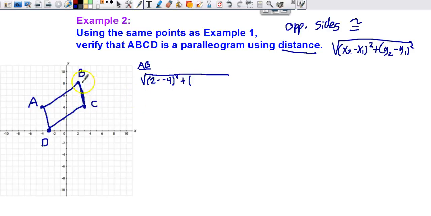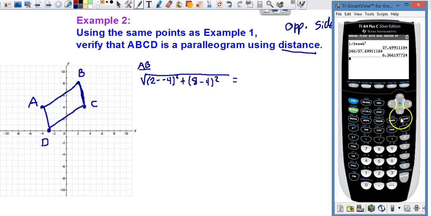My y's are 8 and 4, squared. You can type this all in your calculator at once if you want. I don't necessarily recommend doing that because it doesn't really get you to understand what the numbers are coming from. But if you want a quick answer, here's how I do it.